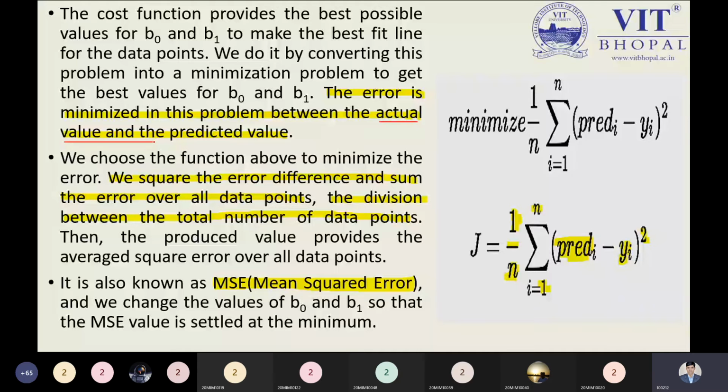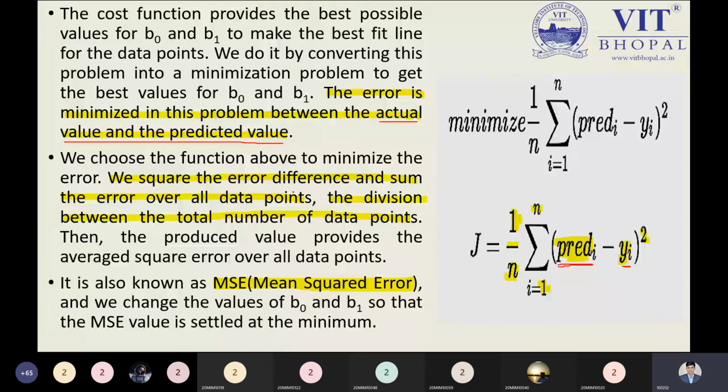So how to find the differences? The predicted values minus actual values. You can take the reverse, it doesn't matter, because finally we are doing the squaring. So we square the error differences and take the sum of the error over all data points.